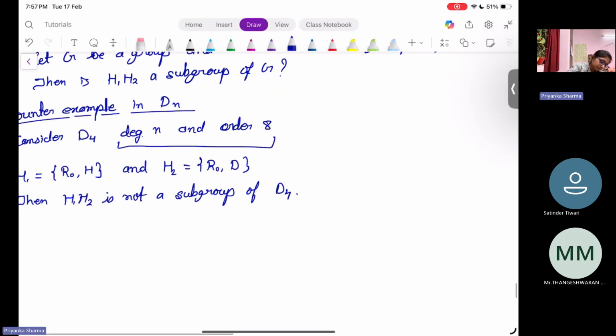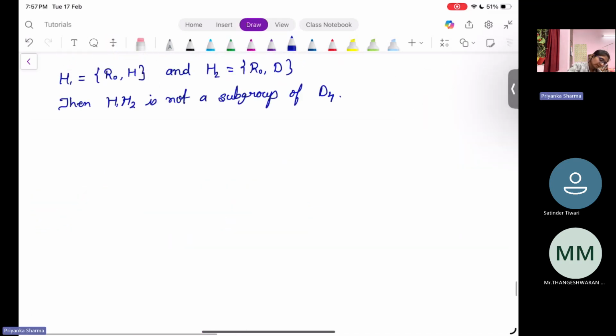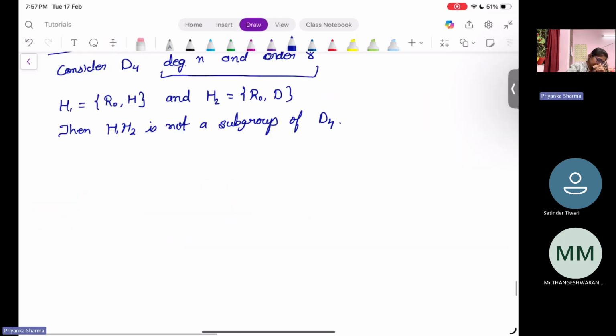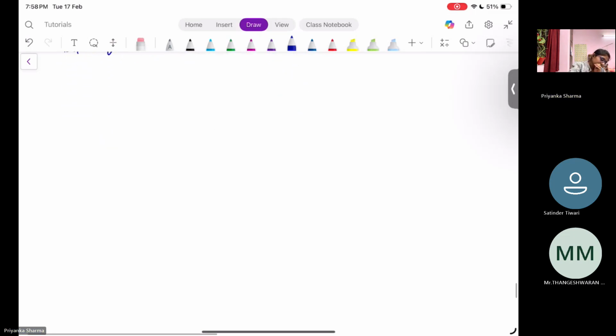I want to give a quick construction for this. Symmetries of a regular polygon of degree 4 means a square.